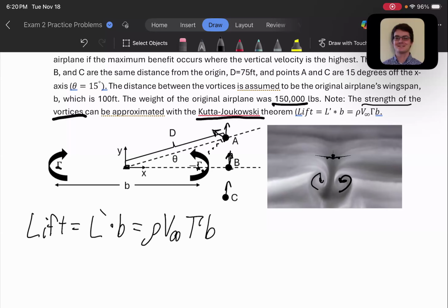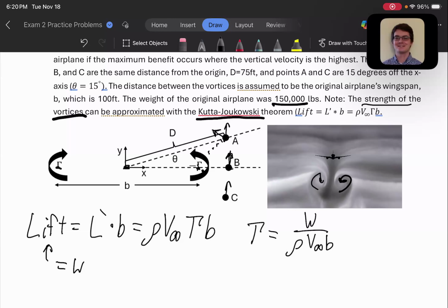And so we can solve for gamma, setting this equal to the weight, assuming the aircraft is in steady level flight. So gamma equals W over rho V infinity b.